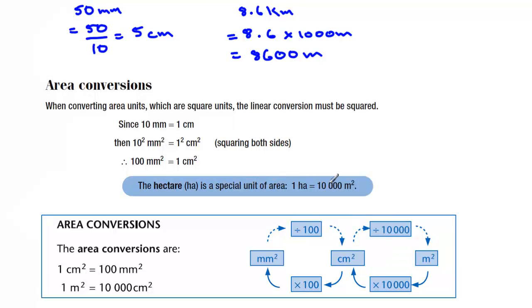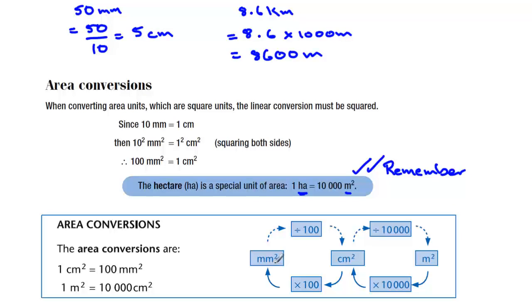This one here, you just need to remember that 1 hectare is 10,000 square metres. That is one you just have to remember, just as you learn the other ones. It's just a knowledge thing, because there's no real link. You've just got to learn that 1 hectare is 10,000 square metres.